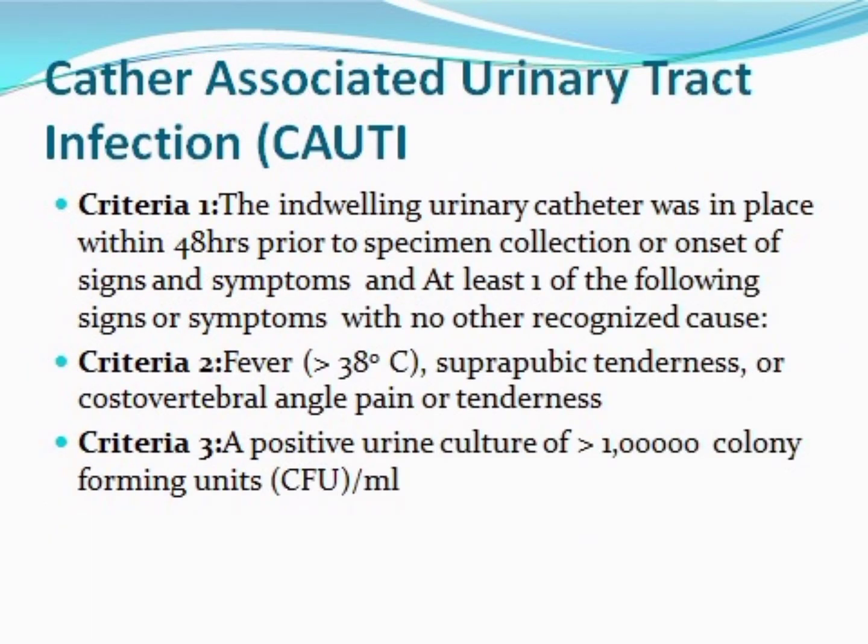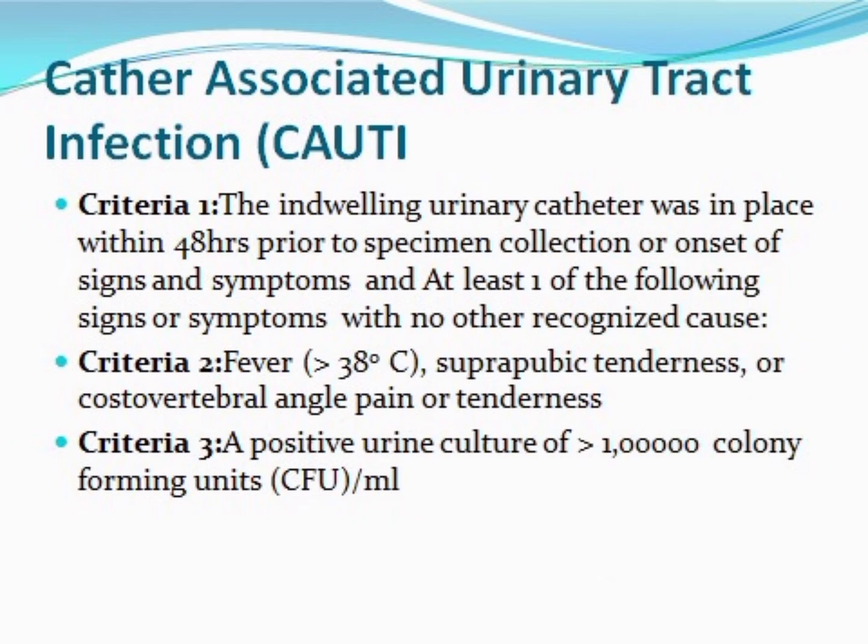CAUTI is catheter associated urinary tract infection. Very commonly we can see it among HAIs. The criteria are, first, after insertion of an indwelling catheter, at least after 48 hours of insertion of the catheter, the patient shows signs and symptoms like fever more than 38 degrees, suprapubic tenderness or costovertebral angle pain or tenderness.